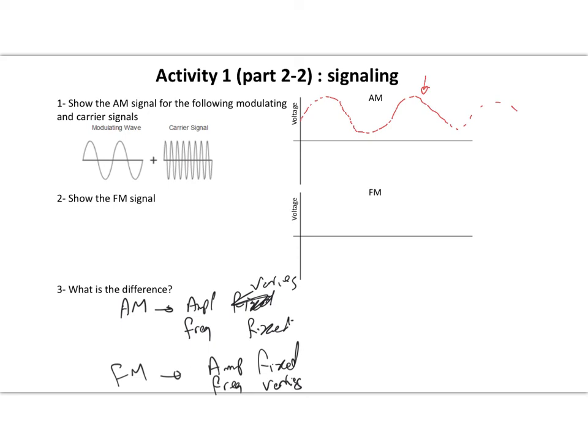So now we need to draw the carrier signal and change its amplitude based on the modulating signal. It looks something like this. First we start the carrier signal with small amplitude, and then we increase this amplitude.